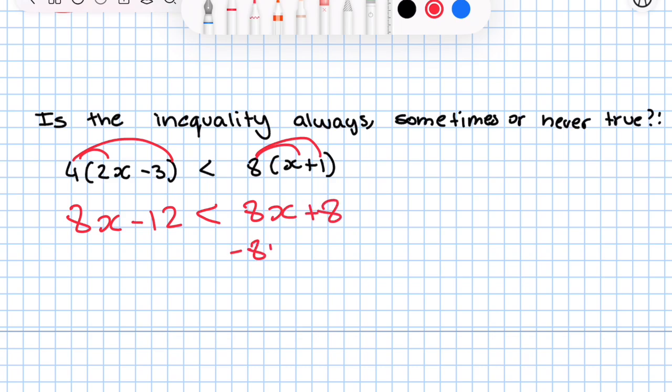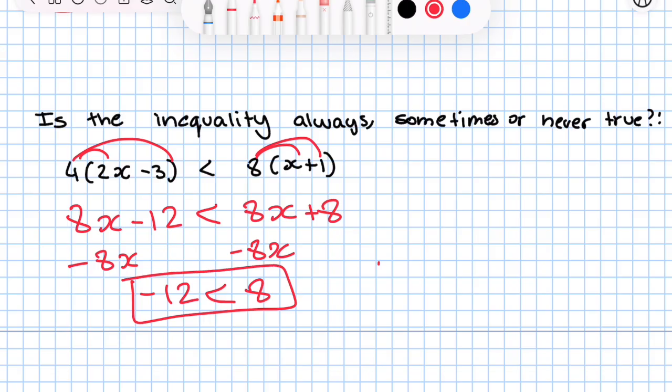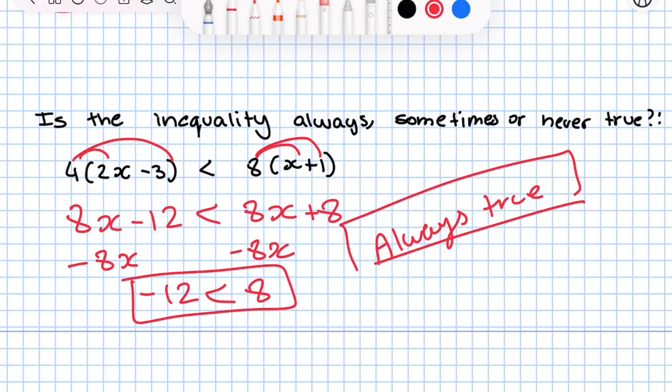So here I'm going to subtract 8x, minus 8x. So negative 12 is less than 8. And this is always true because negative 12 will always be less than 8. It's a fact. So this inequality is always true.